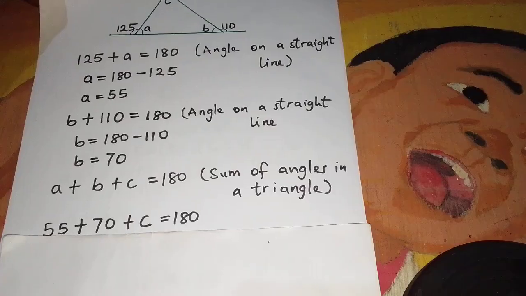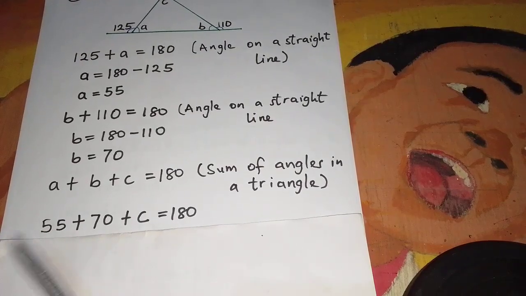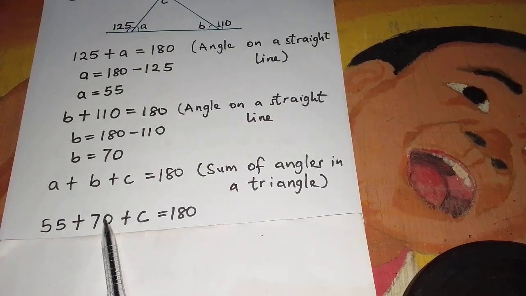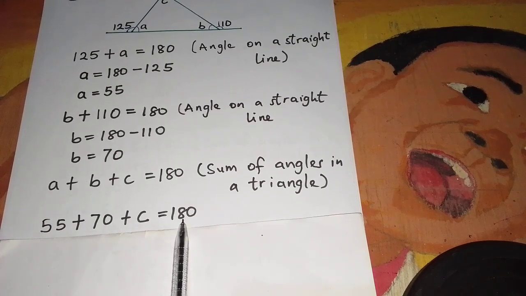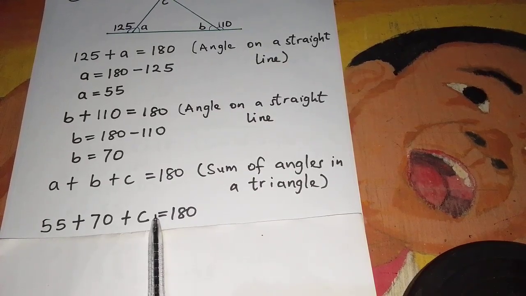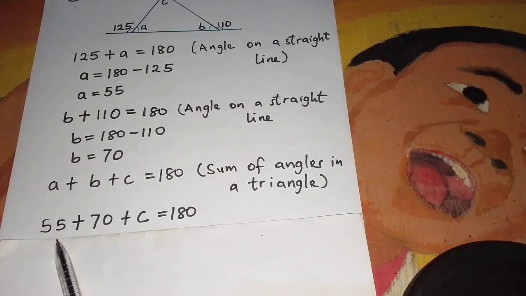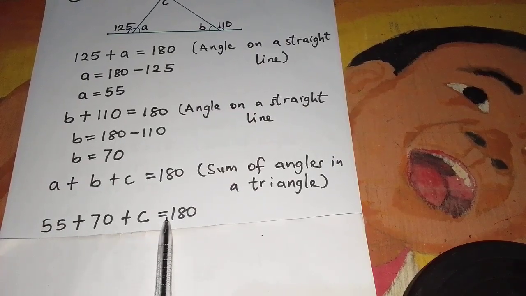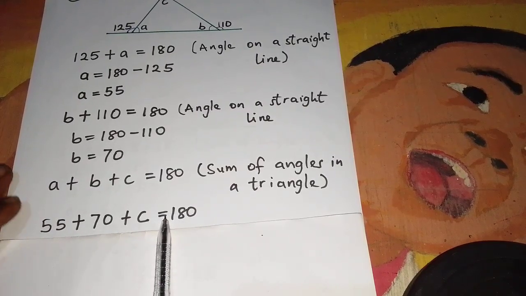Now, the value for angle A is 55 degrees, angle B is 70 degrees. Angle C, we don't know the value of angle C, but everything should add up to 180 degrees. 55 plus 70 plus C should be equal to 180 degrees.